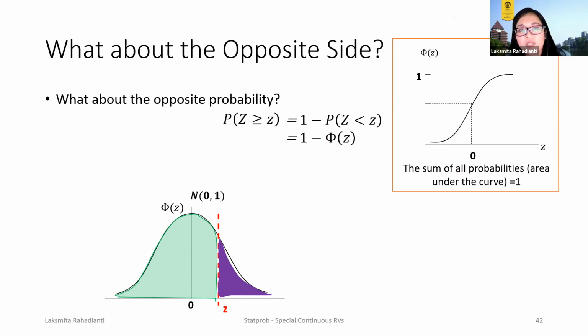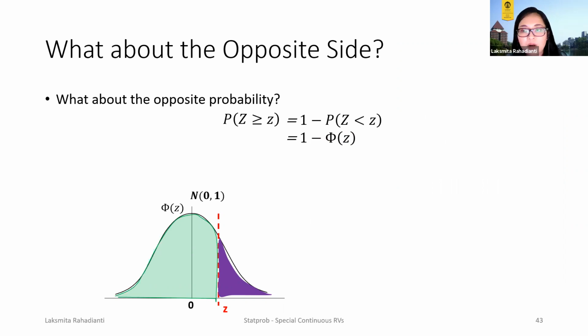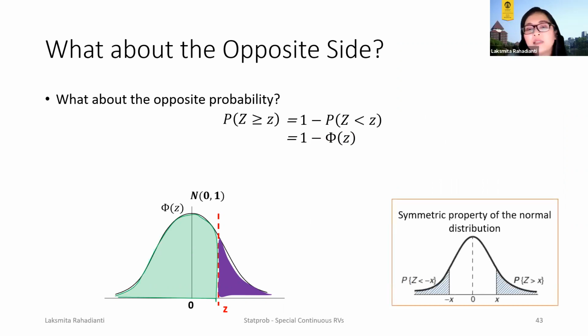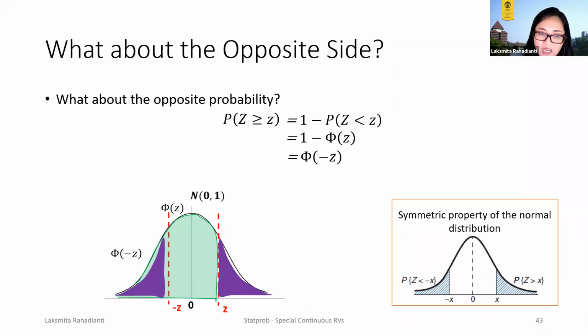If I look into it a little bit further, then remember that a normal distribution is always symmetric. In other words, the right-hand side will always be the same as the left-hand side. So if I were to take that area on the left-hand side, so instead of z, I use minus z, I can just simply look up the table for minus z.